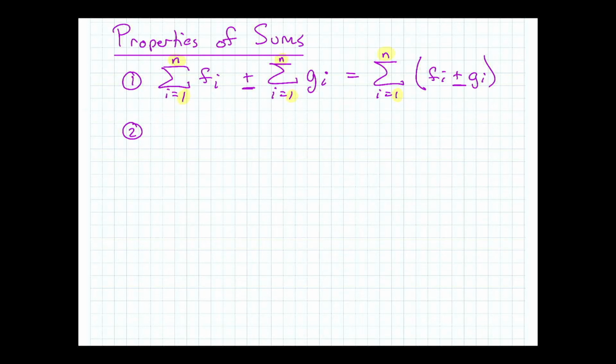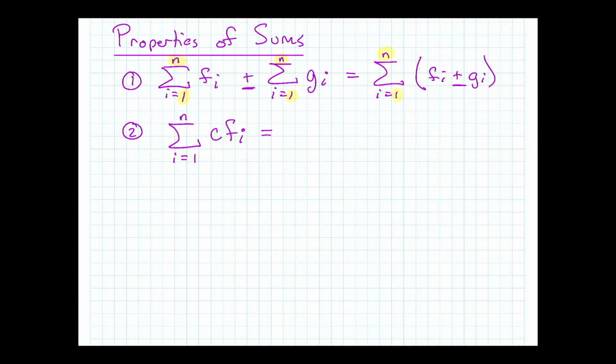Another thing we can do is, i goes from 1 to n of, what was I going to do? Oh, yeah, I remember. So if you have some constant c, so c is not the index here, c is just a number, and then you have a formula like this, f of i. What you can do is you can take the constant here.